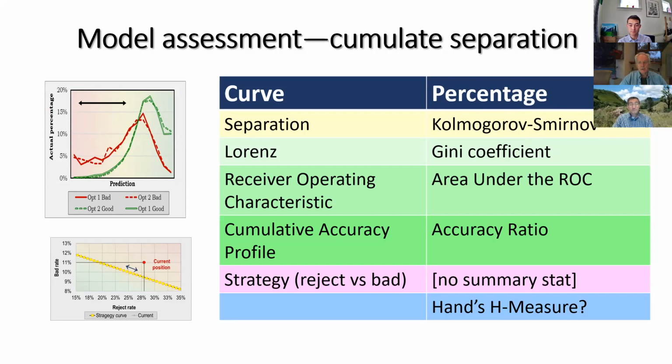What's the reject rate? What's the bad rate? Where do I want to move this to have the cutoff when first applying an application scoring model? You have things like David Hand's H measure, which I haven't figured out how to use yet. I don't doubt that it's a powerful measure. It takes into consideration the relative costs of two groups. I don't know if it fits into the cumulative separation category, but it is something worth considering.